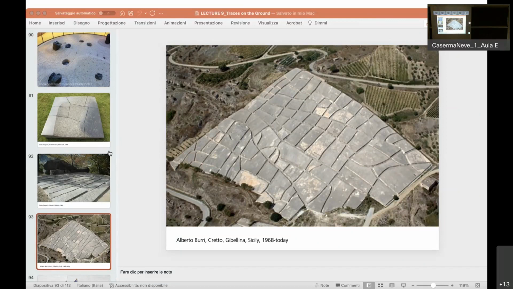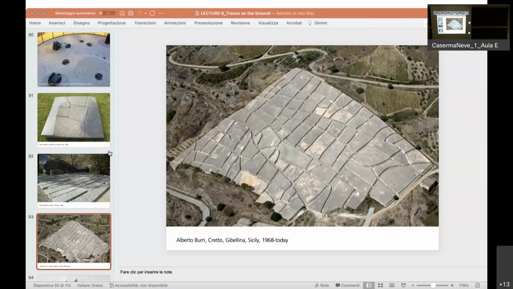It's supposed to be talking about the presence of the former town, and it's supposed to be also a contribution of land art. We can define it as land art maybe, but of course at the scale of the landscape.